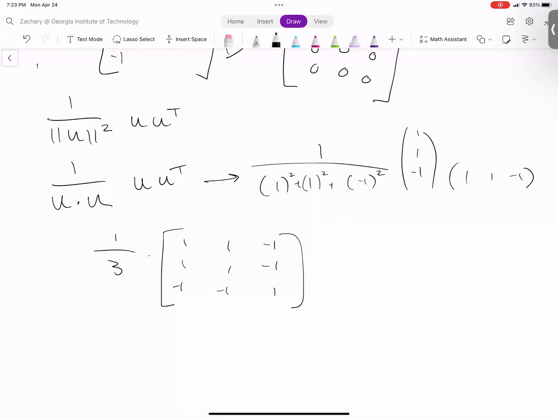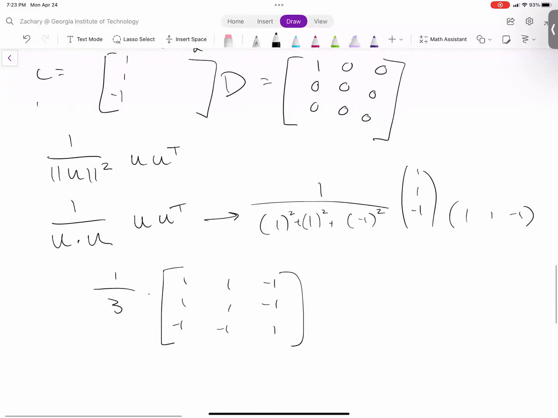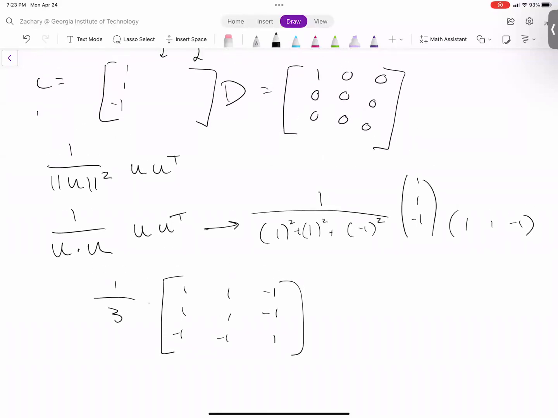And this is a fine way to leave your answer. There's no particular reason you need to put the 1/3 in there. This makes the matrix look a little uglier. But clearly this is a much faster process than finding a C and a D and then finding the inverse of a 3×3 and then multiplying three 3×3 matrices together.